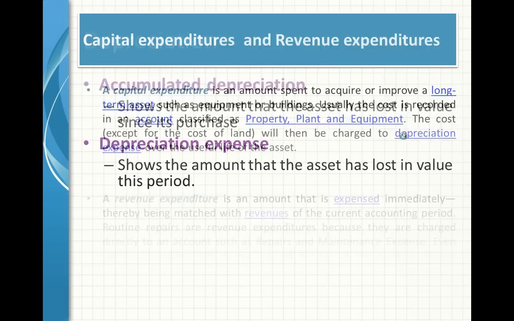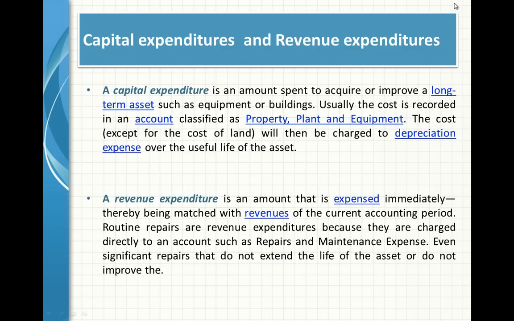Awesome. We discussed capital expenditure and revenue expenditure. What is the criteria, Rupa, to rate an expenditure as capital expenditure? The benefit should be greater than a year.